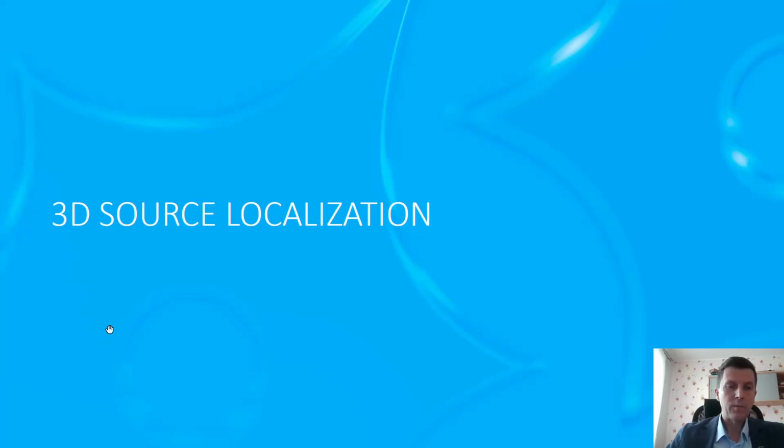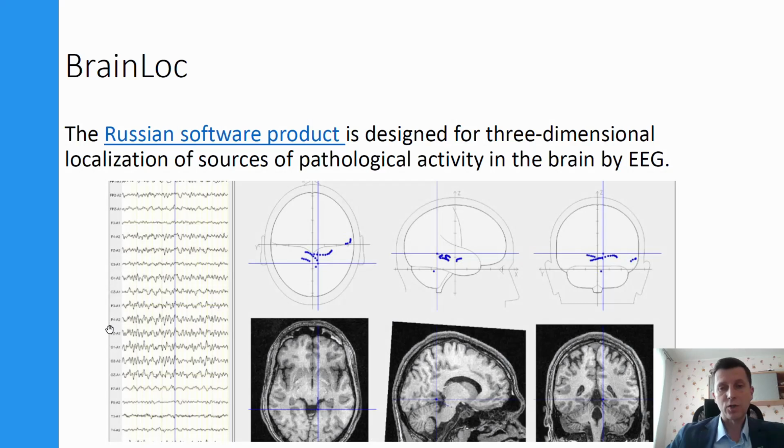And at the end of my speech, I'd like to show you a few 3D source localization software packages which help, using EEG, to find the three-dimensional source localization. It is BrainLoc software from Russia. It is integrated with Neurospectrum.net software, so you can just select EEG traces and export them to BrainLoc software.